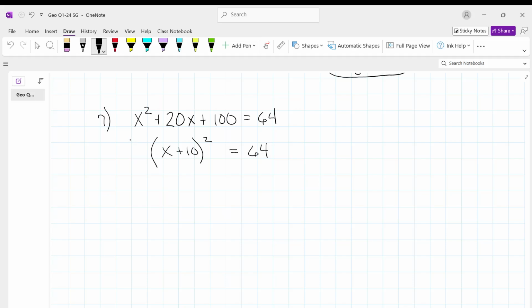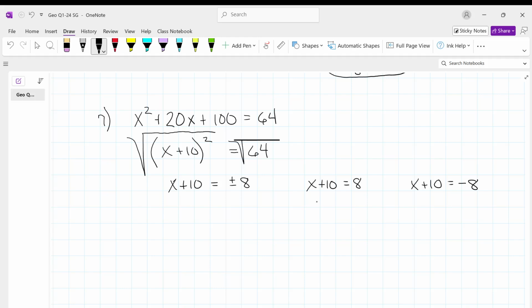So again, we find the square root of each side. The square root of x plus 10 squared is x plus 10. The square root of 64 is positive or negative 8. So our 2 equations are going to be x plus 10 equals the positive 8, and x plus 10 equals the negative 8.